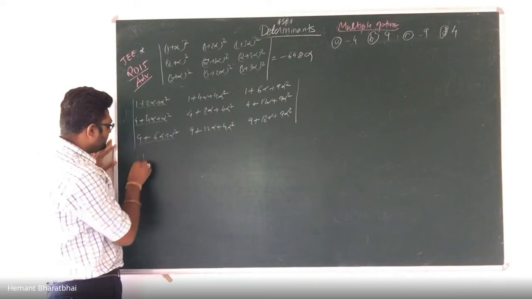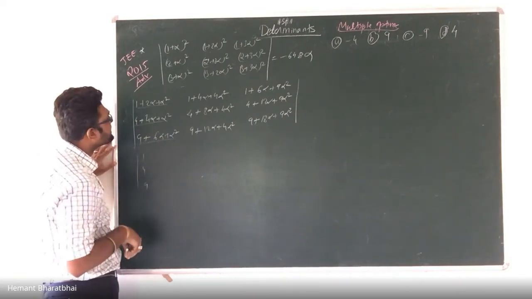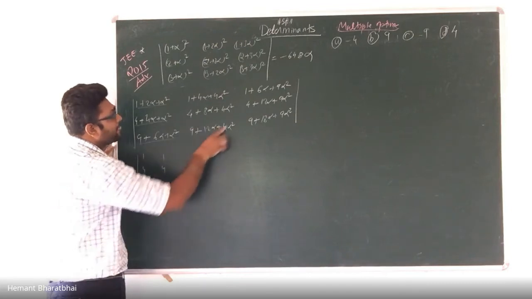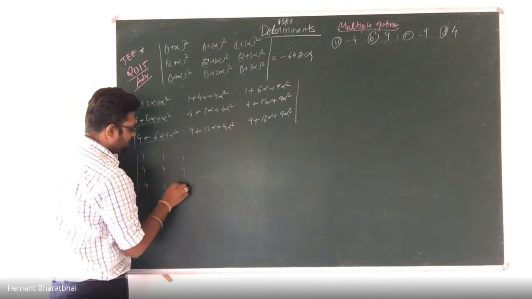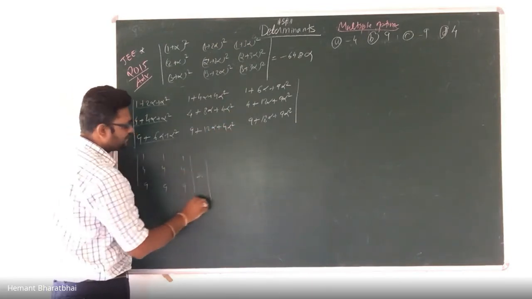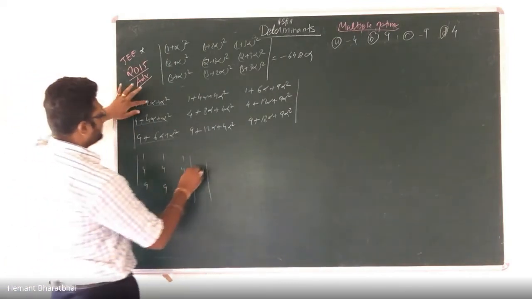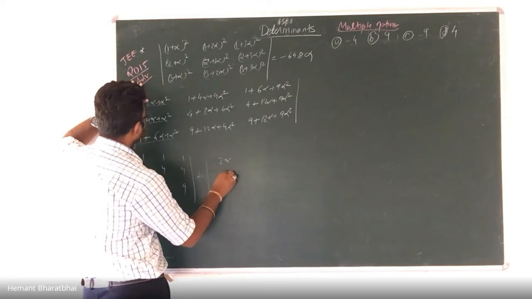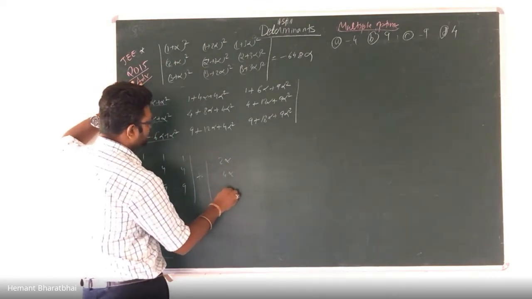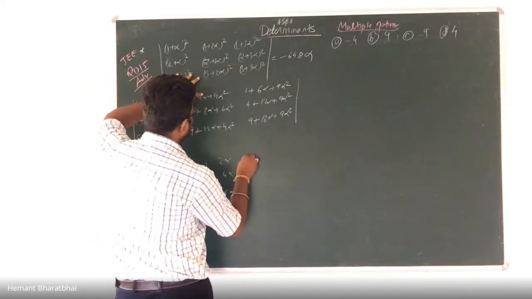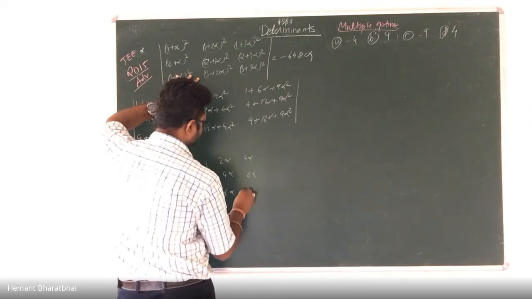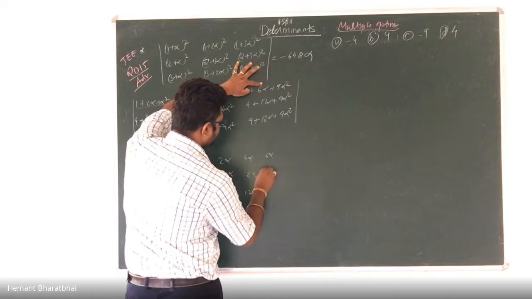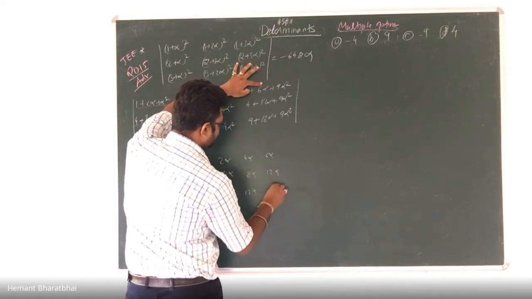So I can write it as 1, 4, 9 and here also 1, 4, 9 and here also 1, 4, 9. The next determinant may consist of 2 alpha, 4 alpha, 6 alpha, and from here 4 alpha, 8 alpha, 12 alpha, and from here 6 alpha, 12 alpha, 18 alpha.